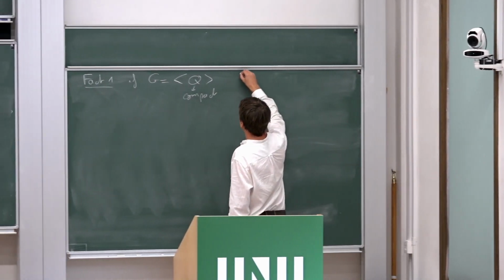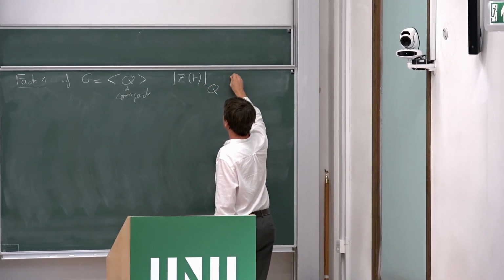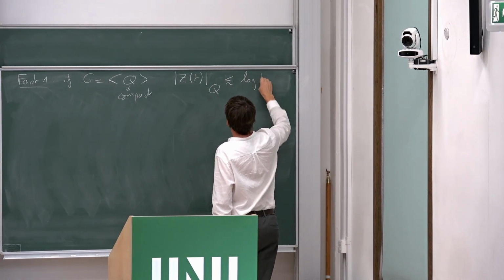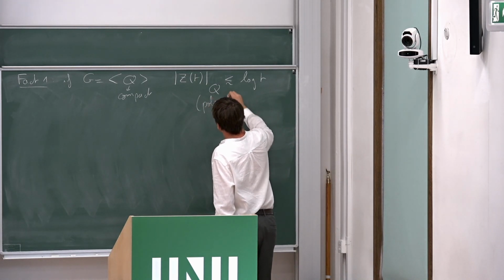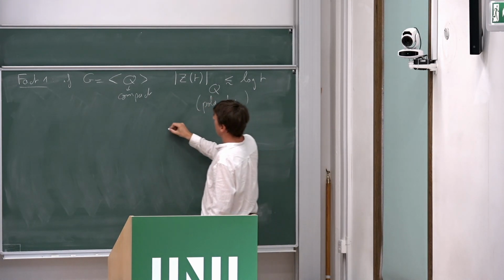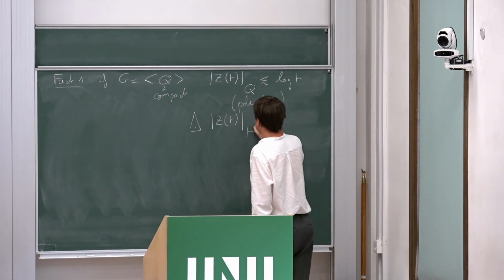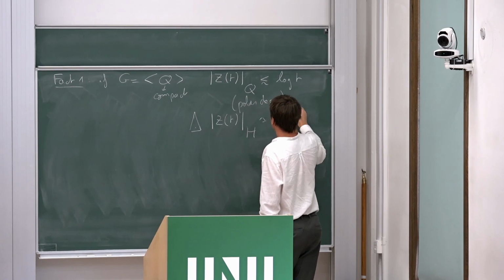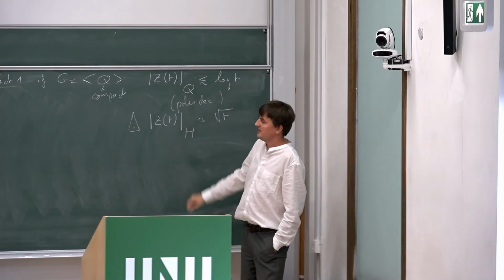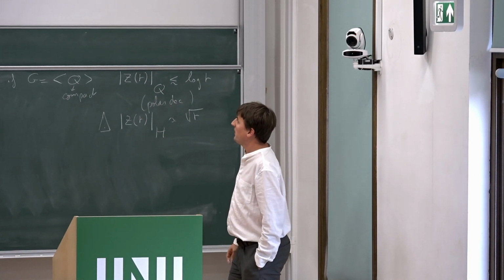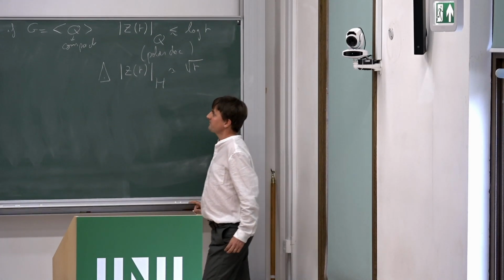Then the word length of Z of T with respect to Q is of order log T. Okay, this is the polar decomposition. And this is much better than, okay, what is the word length inside H? This is just something like square root of T. So if we look at H inside this semi-simple group SL3, it is very important that it's exponentially distorted.